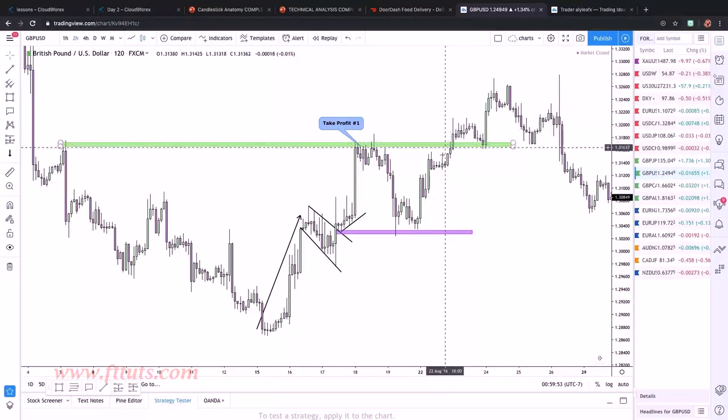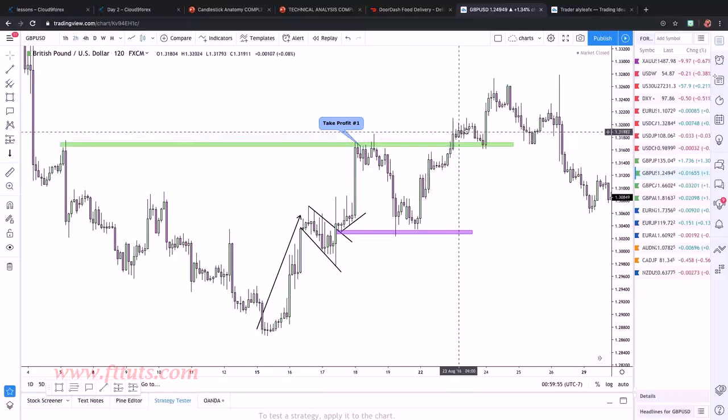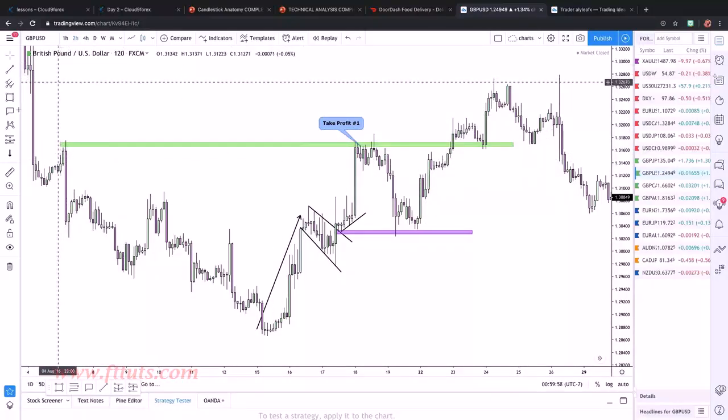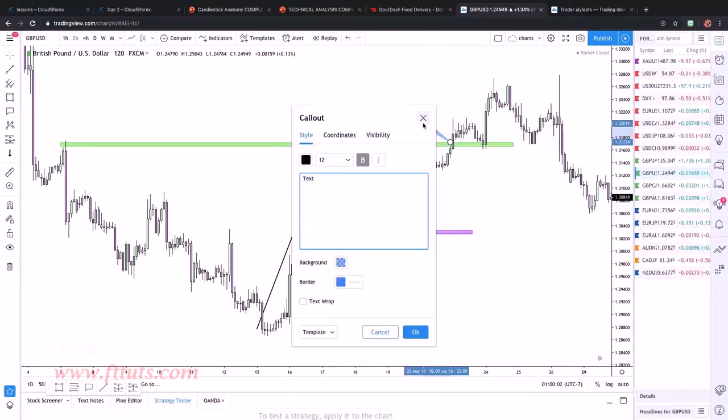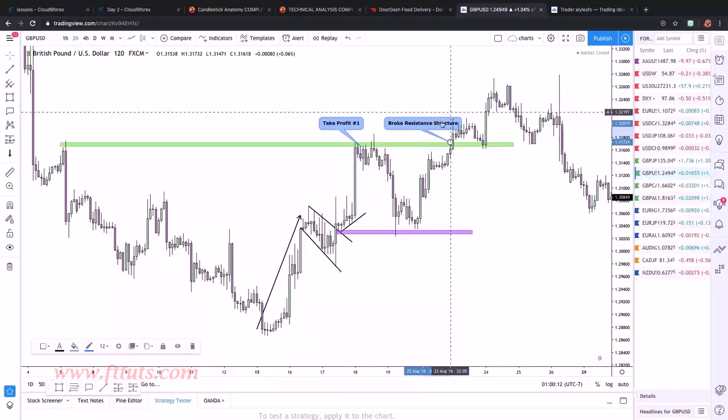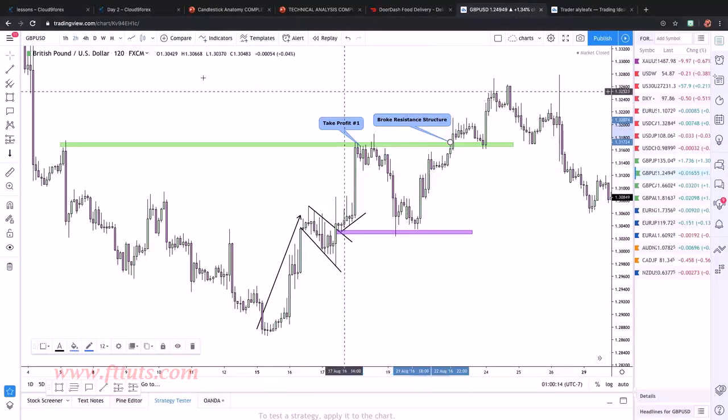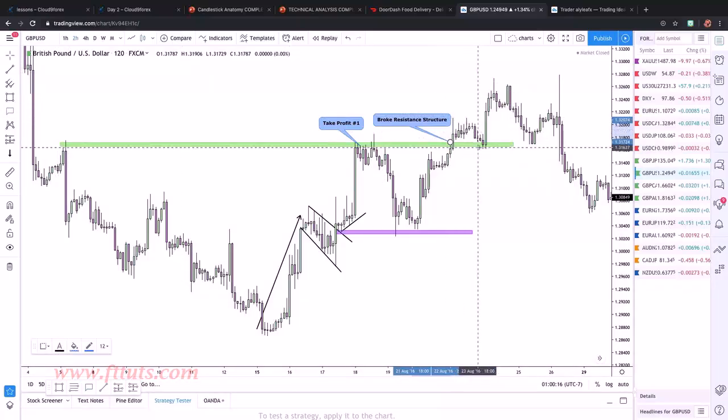So then we broke up, eventually broke out of that resistance level and retested. So broke of structure. And then retest and a huge bullish engulfing.